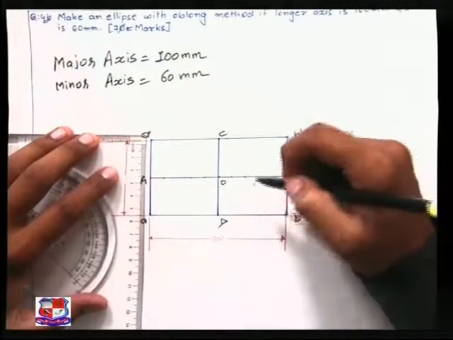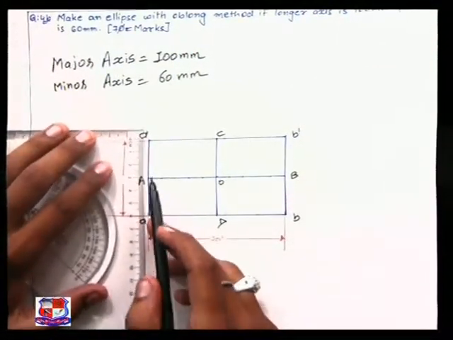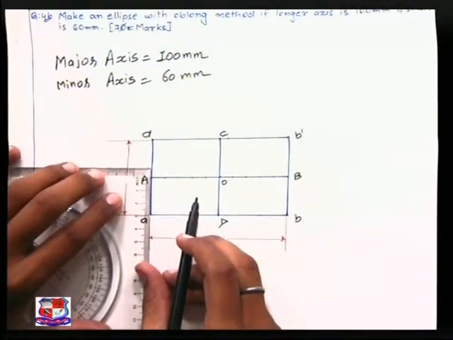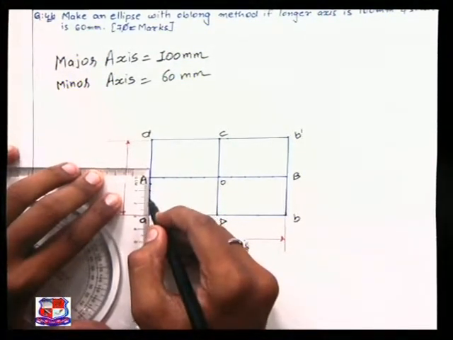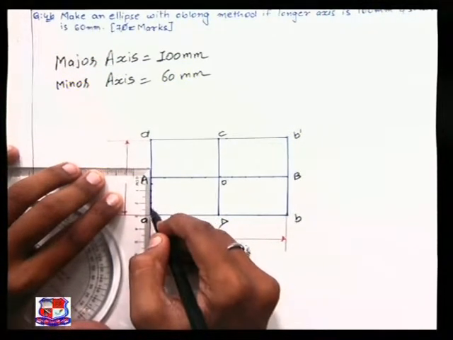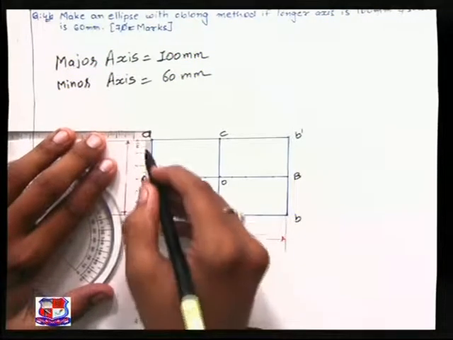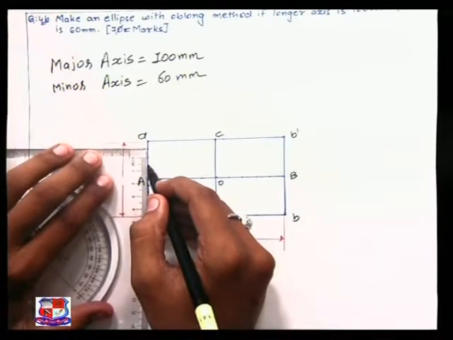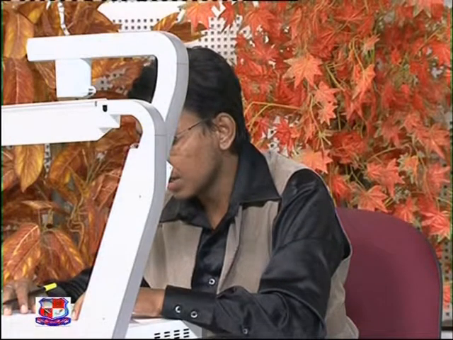Now, as we have divided OA and OB into 5 equal parts, we shall divide AA dash and AA line also into 5 equal parts. This line is of 30 mm, so each part will be 5 mm. Same way on the other side for BB dash and BB.